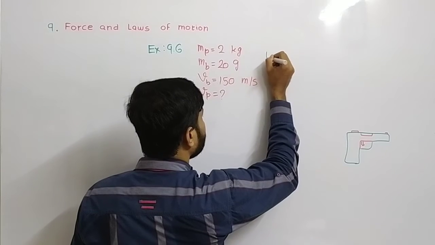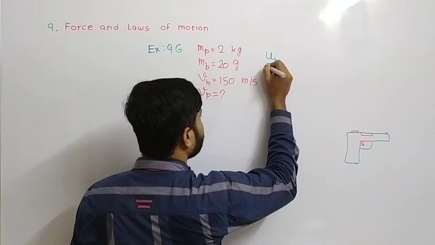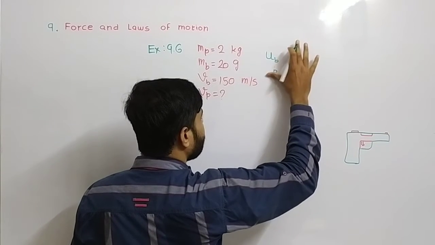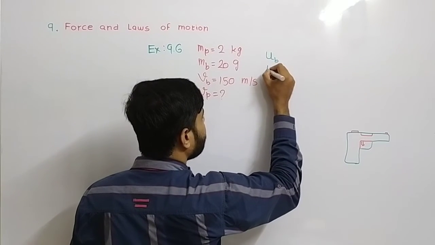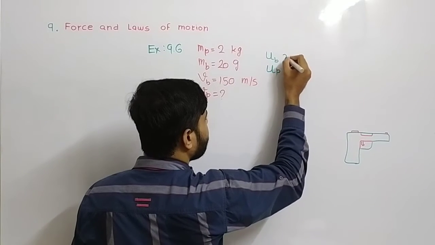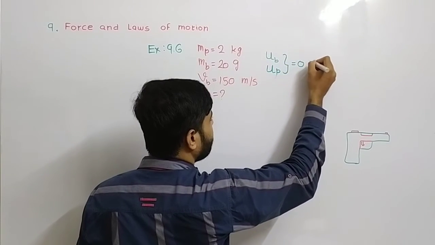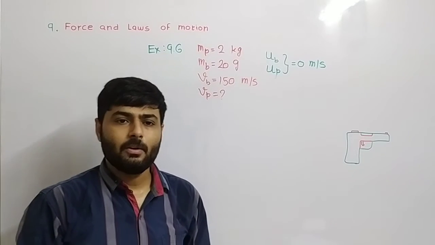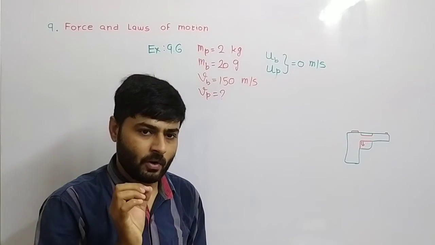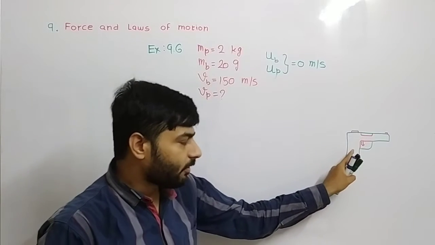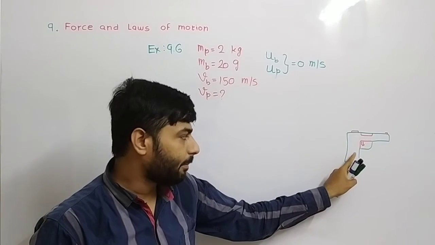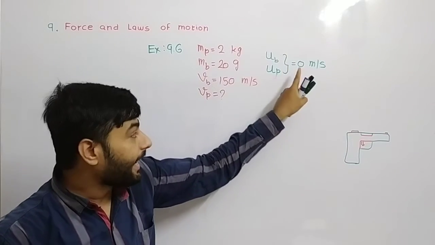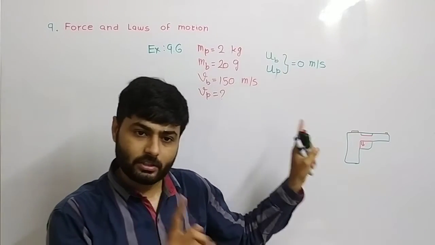We have UB and UP equal to 0 meter per second, which means when the bullet is not fired, the velocity of bullet plus gun is 0, which means the initial velocity is 0.